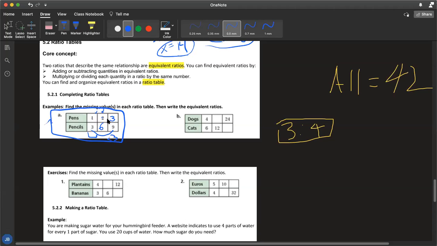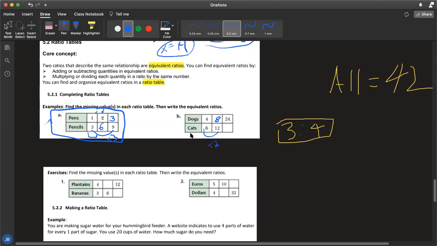All right, perfect. So now dogs to cats. Same thing, except this time we're doing the bottom first. 6 to 12, that's times 2, right? So 4 times 2, we get 8. And now we look 4 to 24. How do we get from 4 to 24? Can anybody tell me?